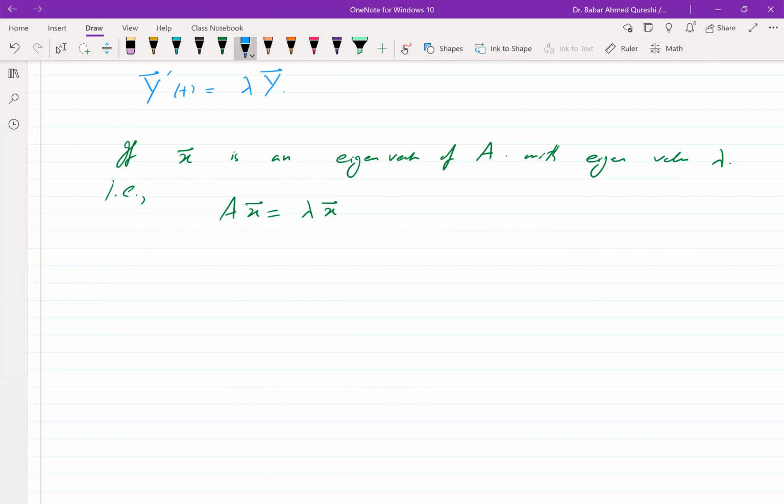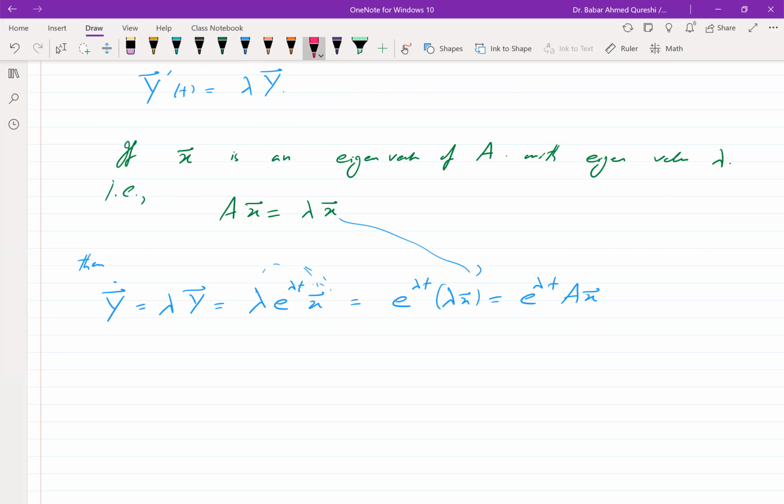Then I will have y dot is lambda y from here. That means lambda e to the lambda t times x, because y is e to the lambda t x, this is equal to A x from here.